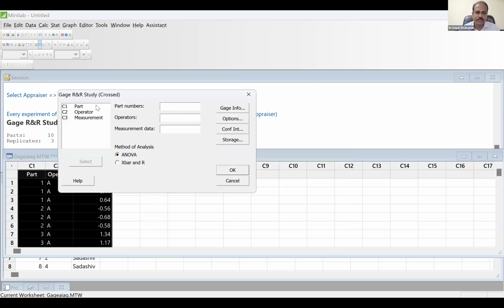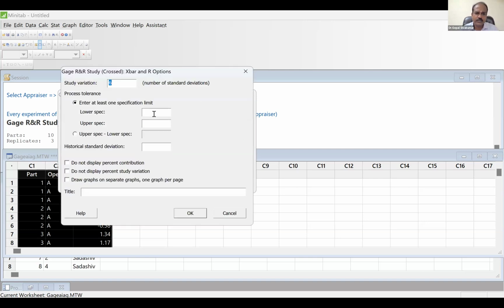Where have you typed the part number? In column number 1. Click and select. Where have you typed the operator details? Column number 2. Click and select. Where have you typed the actual data? Column number 3. And now any method you can use for the analysis, and X bar R is easier. And then you have to go to these options. It's very important to declare the lower spec and upper spec.